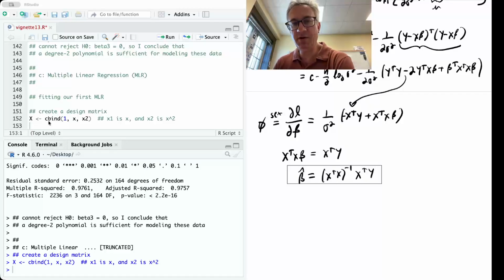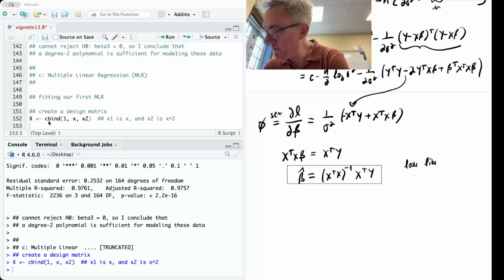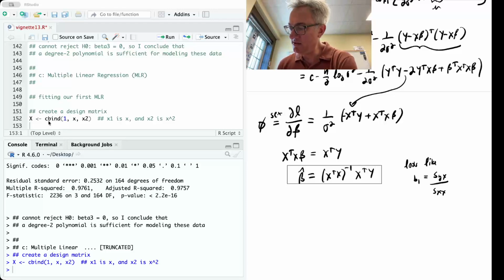And if you squint closely at that, you'll notice that this looks like B1 from chapter 7. Remember, one of the formulas for that is SXY over SXX. Look at the SXX. That's like x transpose x inverse. Inverse is sort of like the matrix equivalent of a denominator or a reciprocal.